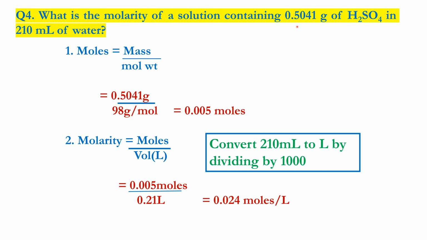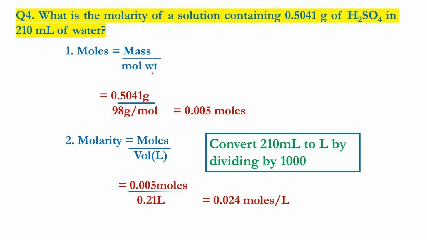We are not given the volume of the acid, so we will not use the titration formula. So we use another formula, which is given by moles equal to mass divided by molecular weight.